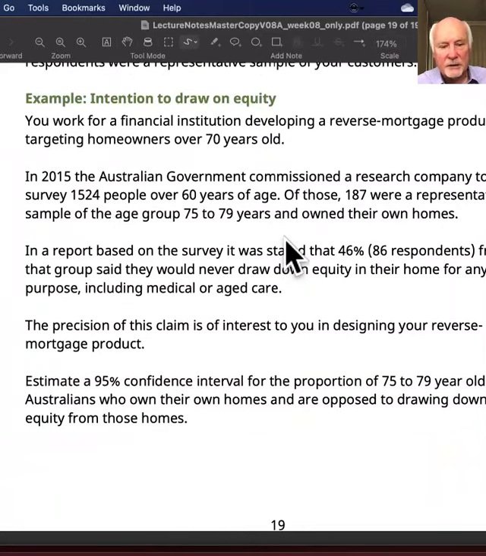So that's a kind of important thing to learn from this, because you come across proportions all the time, particularly whenever anyone does a survey. When people are writing up reports of surveys, they're always talking about the percentage of people who said this and the percentage of people who said that.